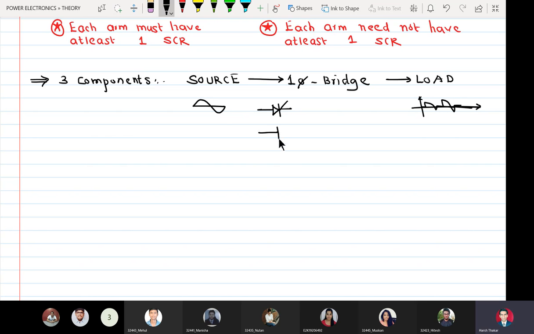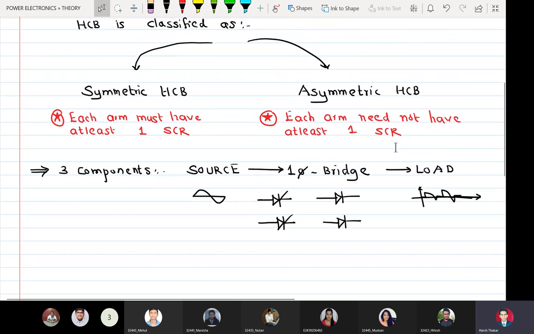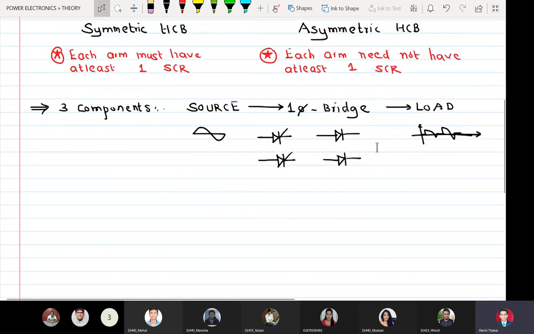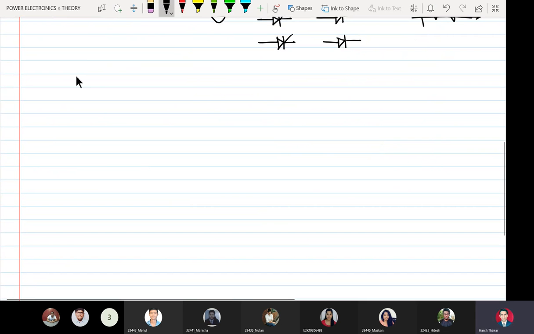First SCR, second SCR, first diode and second diode. Now we have to arrange these two SCRs and two diodes so they can satisfy the definition of symmetric HCB and asymmetric HCB.